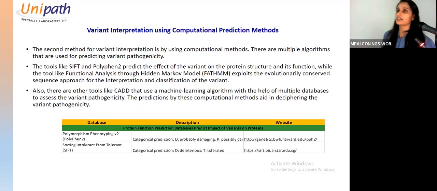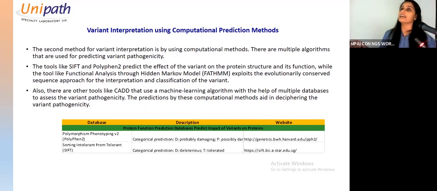Then there are tools which help you, because you don't have functional evidence that this variant is actually causing a change in the protein structure and that's what is causing disease. You don't have functional information for every variant.